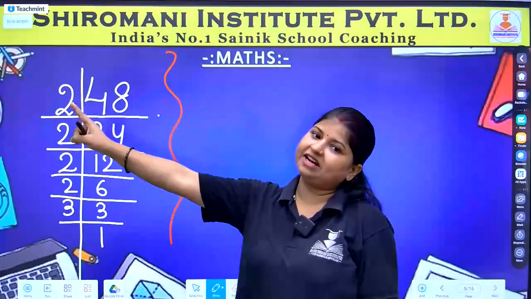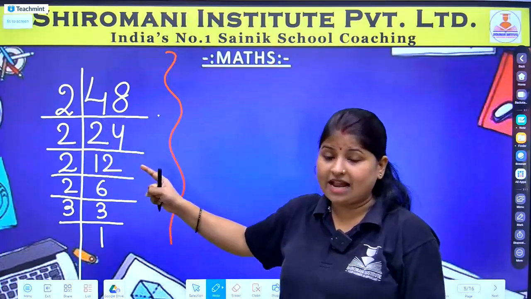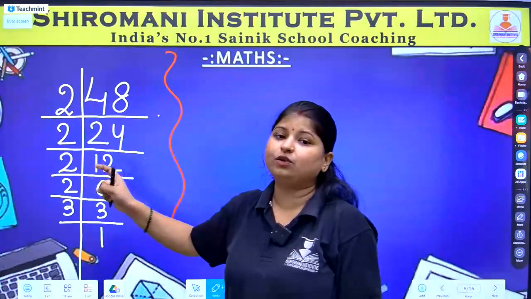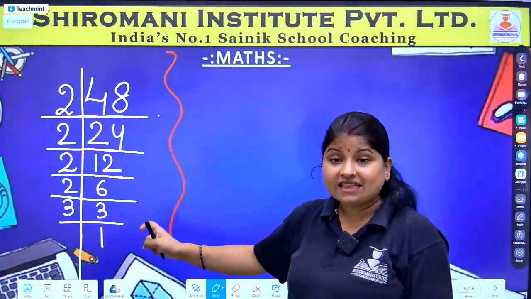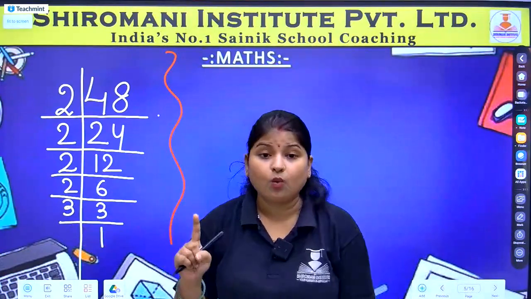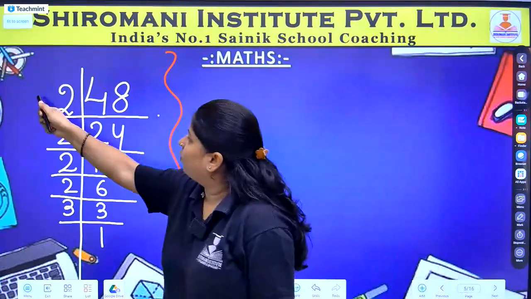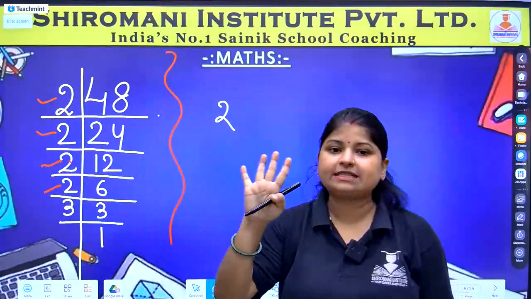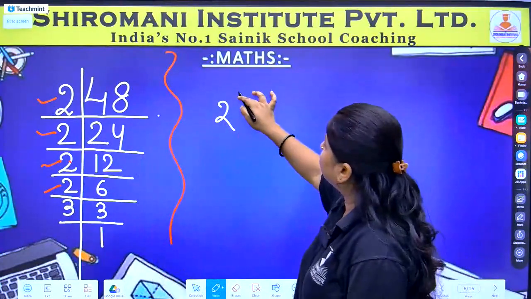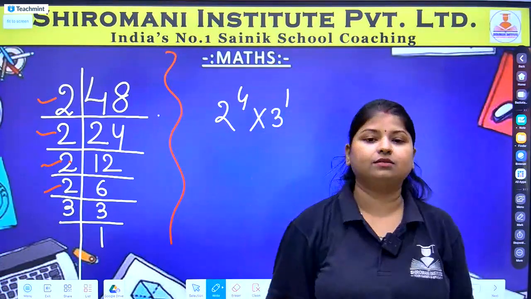So 48 divided by 2 is 24. 24 divided by 2 is 12. 12 divided by 2 is 6. 6 divided by 2 is 3. And 3 divided by 3 is 1. So you can write 2, 1, 2, 3, 4. 2 is there 4 times. So you will write 2 to the power 4 into 3 to the power 1.